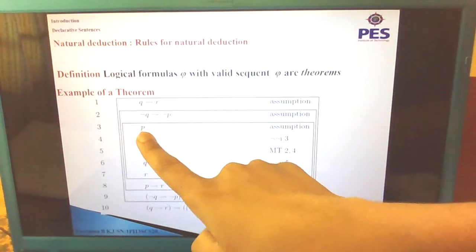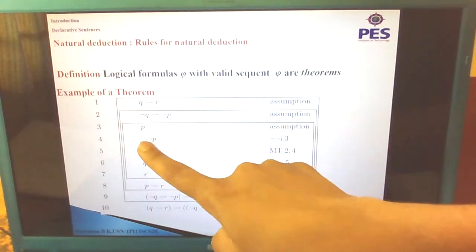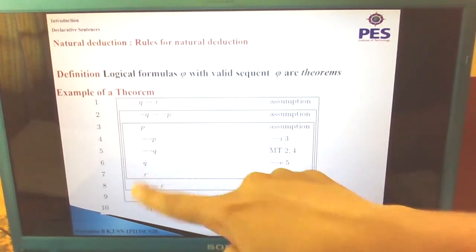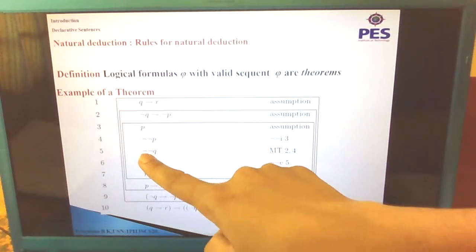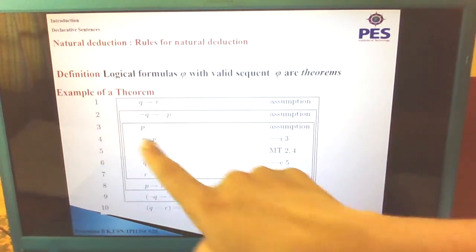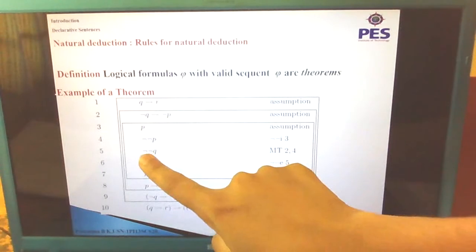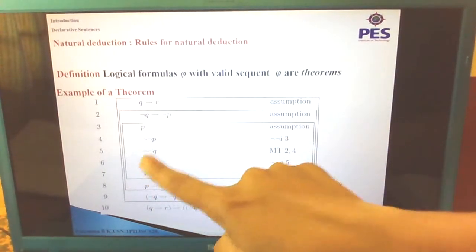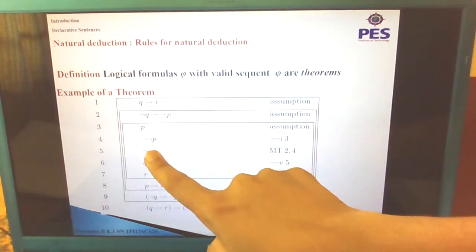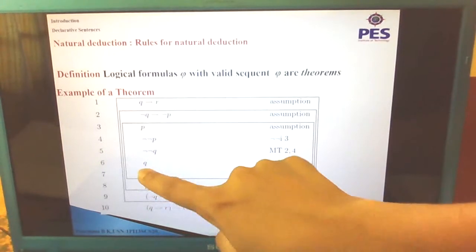Here P is our assumption. Then after applying double negation, we get a double negation of P. By applying modus tollens on lines 2 and 4, I'm getting a double negation of Q. After eliminating double negation on line 5, I'm getting Q.